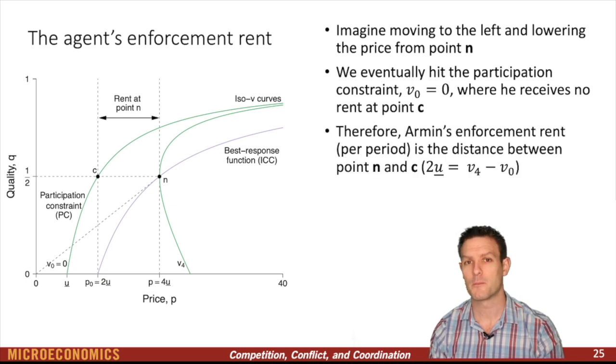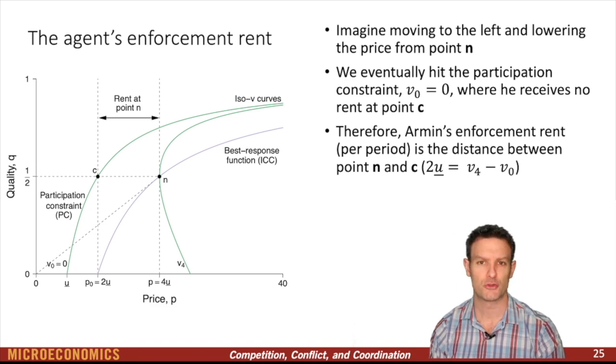So this means that Armin's enforcement rent is the distance between point N and point C. In this case, it's 2 U underbar, U underbar being at least the minimum amount of disutility that he incurs in order to get working. So that's V4 minus V0. What we can see there is that the people who have contracts get this enforcement rent. So Armin, when he has a contract with Patricia, he gets an enforcement rent of 2 U underbar.